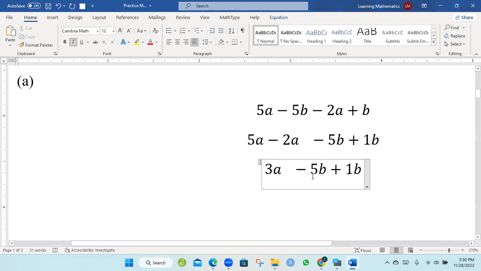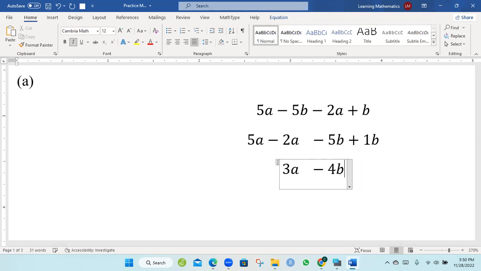And negative 5b plus 1b will give us negative 4b. So this is a simplification of the expression.